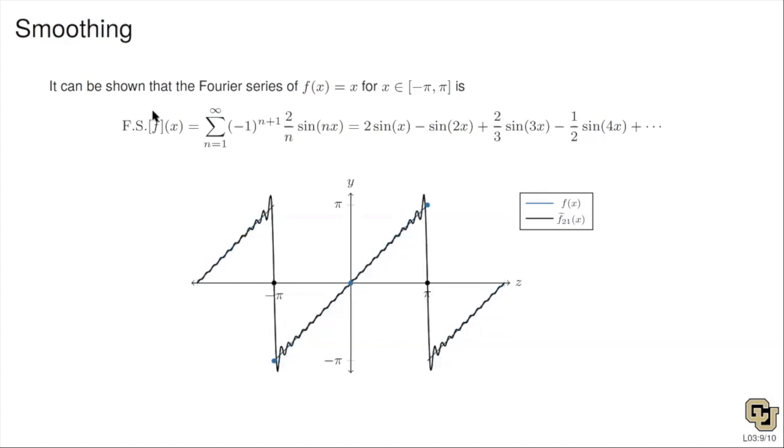Like here, if I send n to infinity, in theory, this part will disappear, this part will disappear, and we'll just get back a totally diagonal line that looks like our original function. That's when you send n to infinity. And that part to me is counterintuitive.